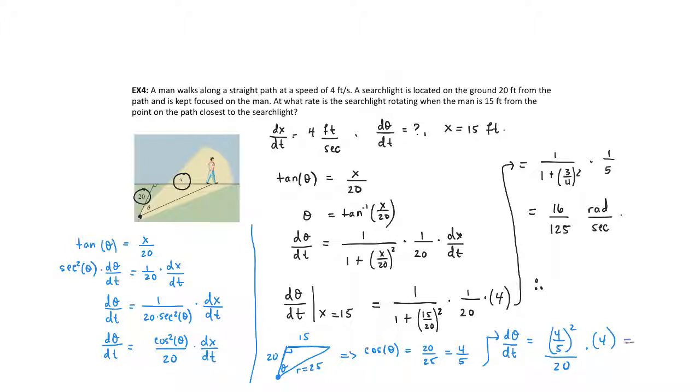And that should give us exactly the same result, 16 divided by 125 radians per second. Okay, so two different ways of approaching the same problem. And usually that's going to be your decision as to which method you want to follow.